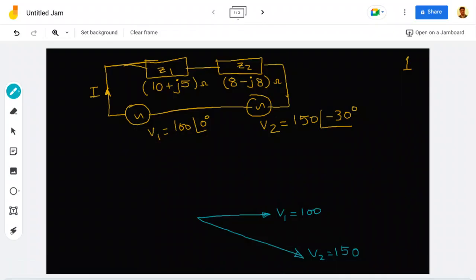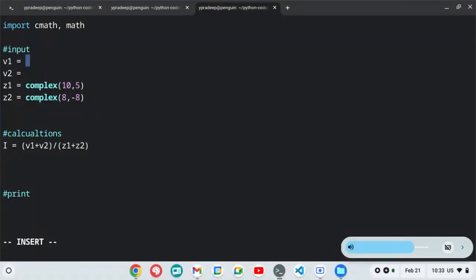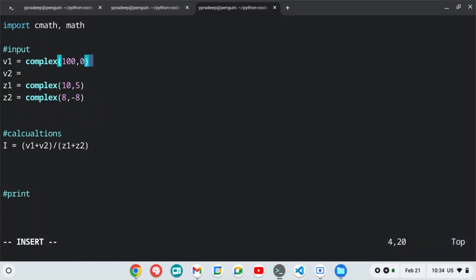Now, because V1 is given in polar form, 100 with angle 0, in this case it is the same as 100 comma 0, because it is 0 degrees, it all comes on the x-axis only. So I can give it like this also. Both are equivalent. But here I need to use a different one, I think cmath.rect.